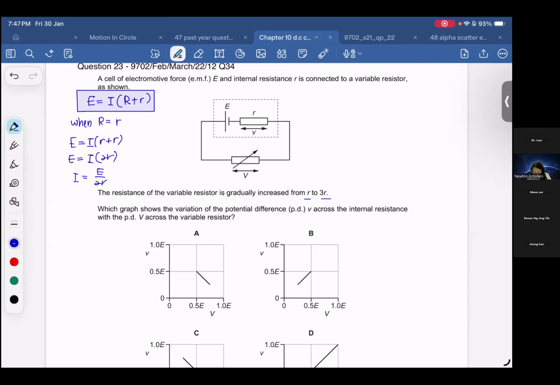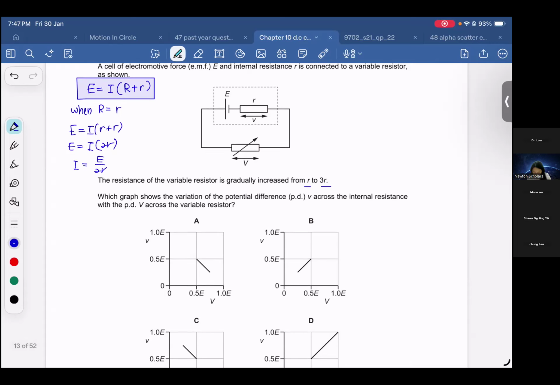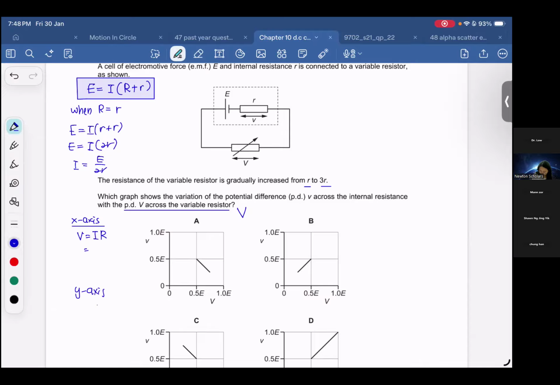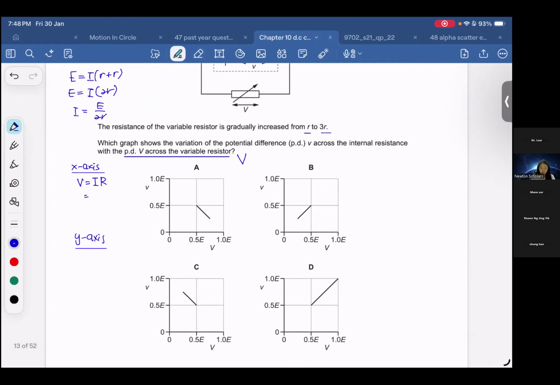The x-axis is, let me have a look, the x-axis is the potential difference across the variable resistor, which is the capital V. The y-axis is the potential difference across the internal resistance, small r.